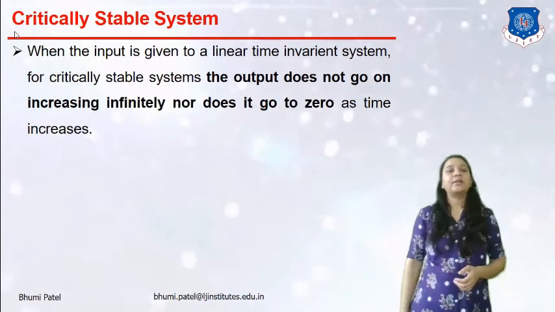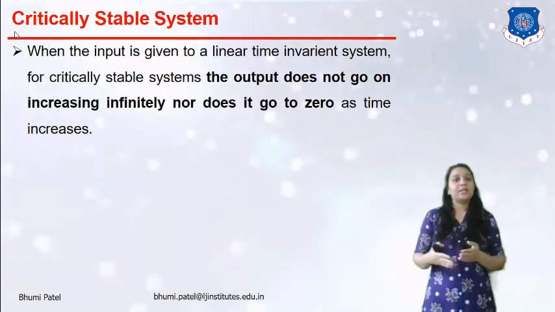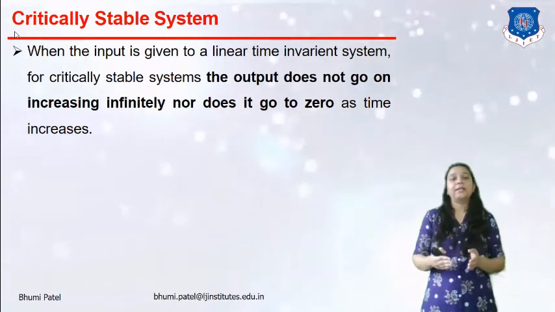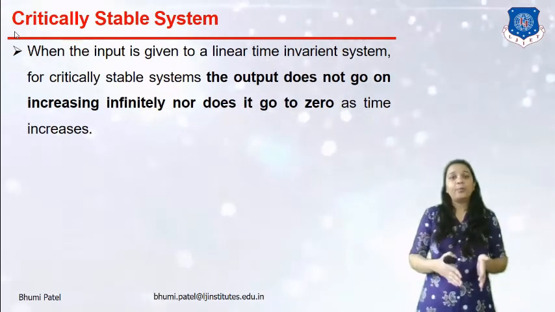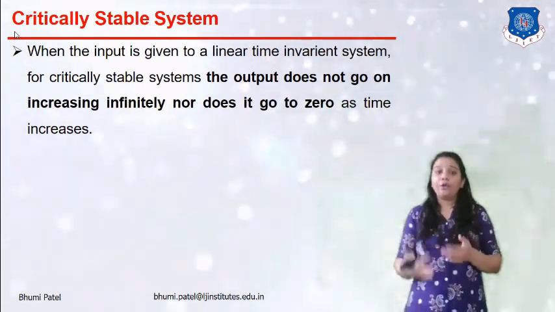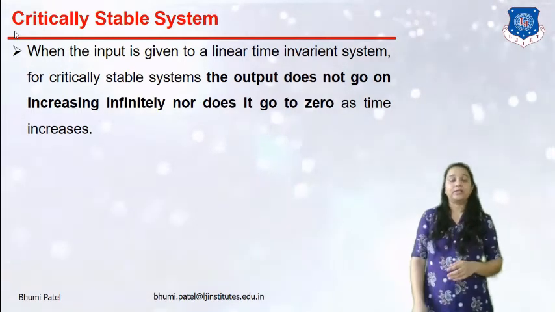Now the third condition is the critically stable system. When an input is given to a linear time invariant system, for a critically stable system the output does not increase to infinity, nor does it go to 0 as time increases.